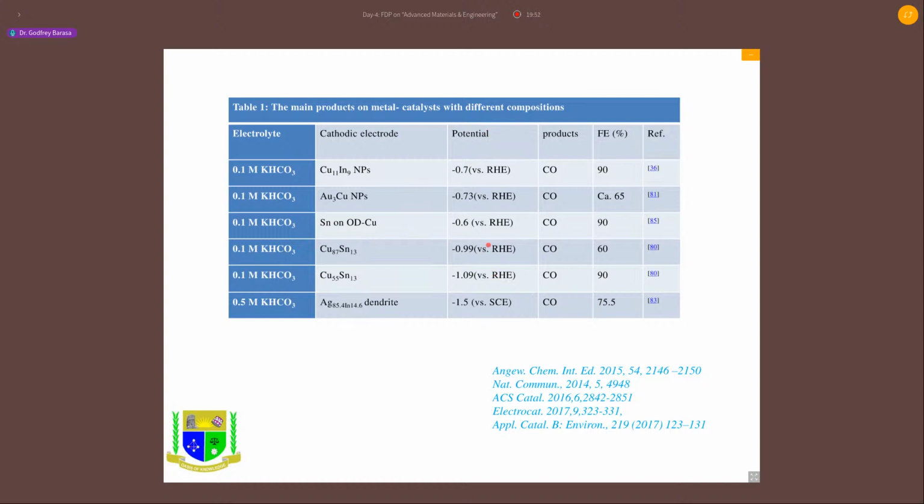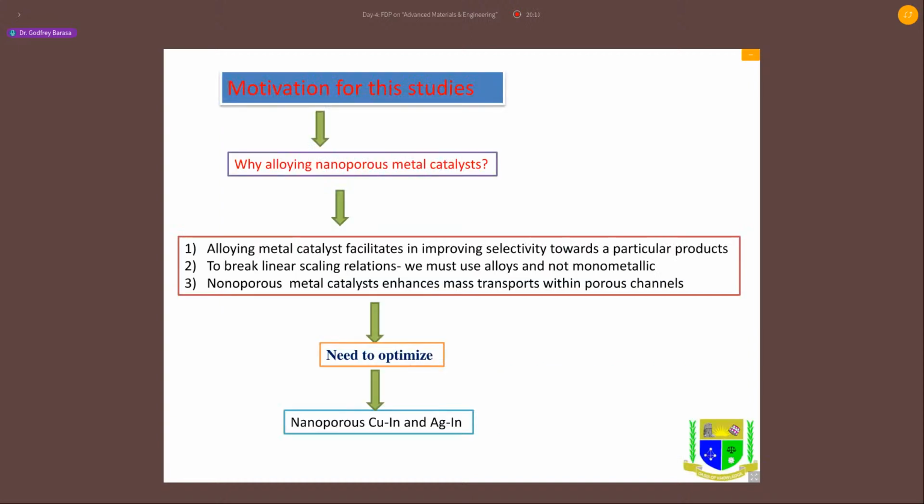So we'll find that all of these different electrodes have different potentials, and the main product here was carbon monoxide.